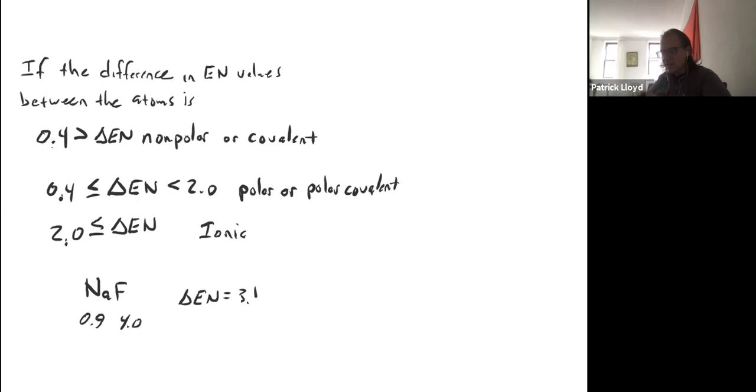Well, that's way over 2. So we would say it's an ionic bond. And in fact, it's not even really sharing electrons. It's actually a positive charge and a negative charge. So electronegativity is a pretty useful idea for thinking about the polarity of these bonds.